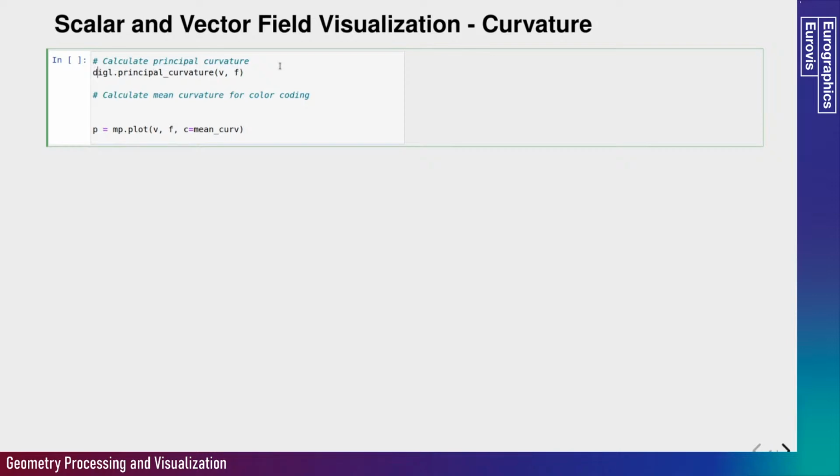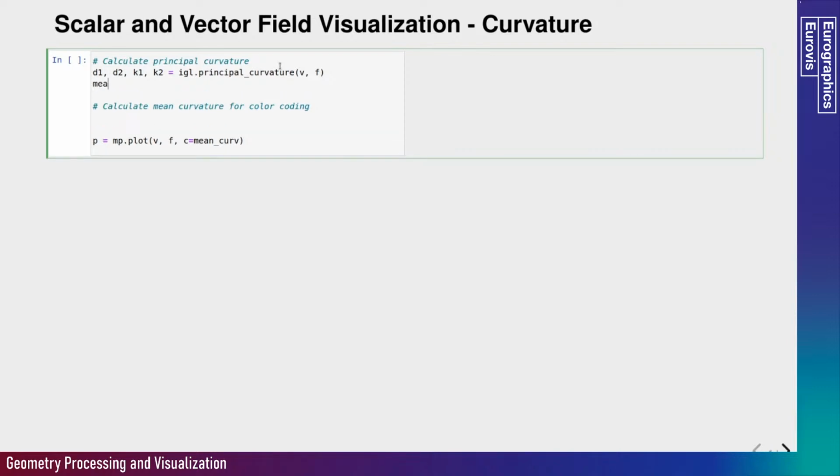The directions come first, and we get two directions, D1 and D2, and two principal curvature values, K1 and K2. This is the min and the max principal curvature. From this we can calculate the mean curvature, which is just the arithmetic mean of the principal curvatures, so we take 0.5 times K1 plus K2, and this basically tells us how much curved the geometry is at each vertex.